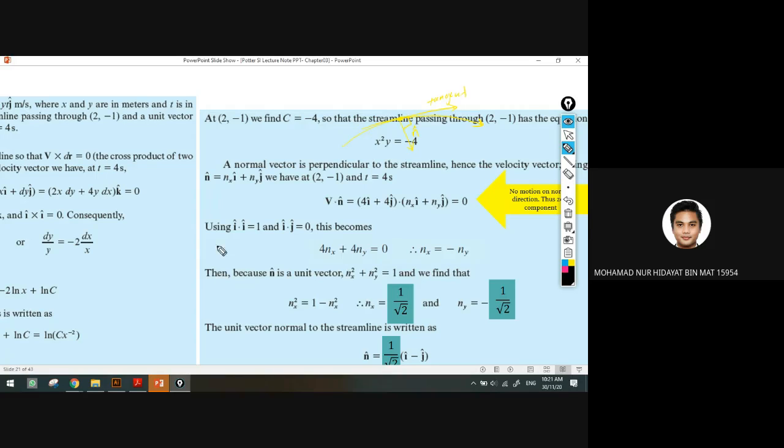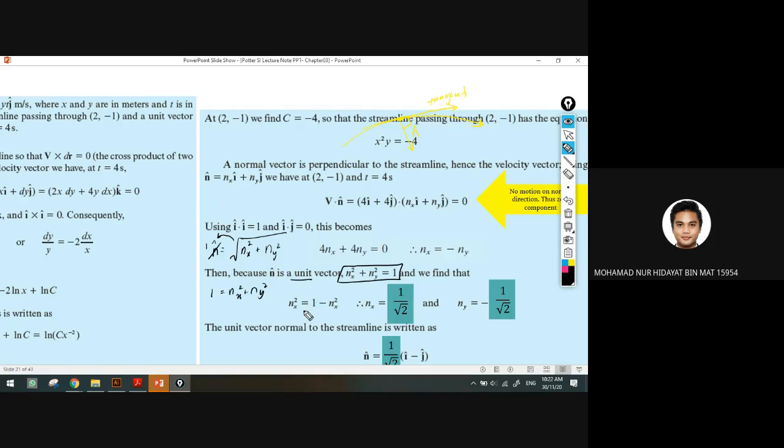This is the formula. The unit vector is always 1 because it is unit. So you transfer here, this is 1, and you get 1 equal to nx squared plus ny squared.